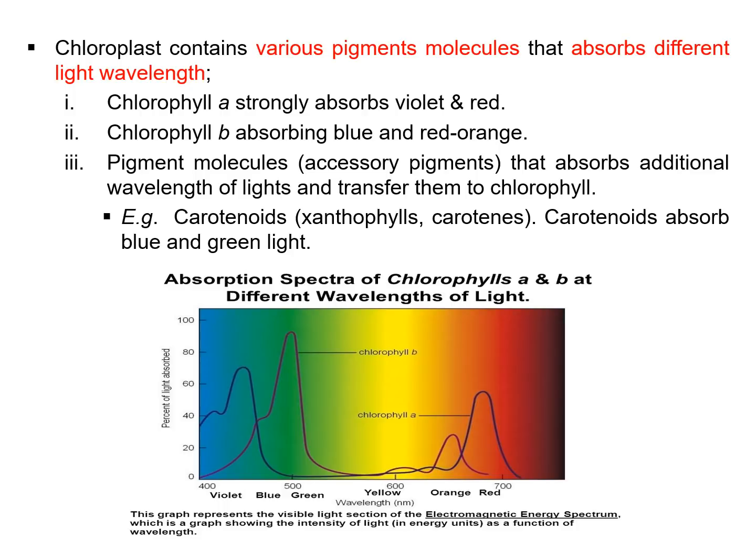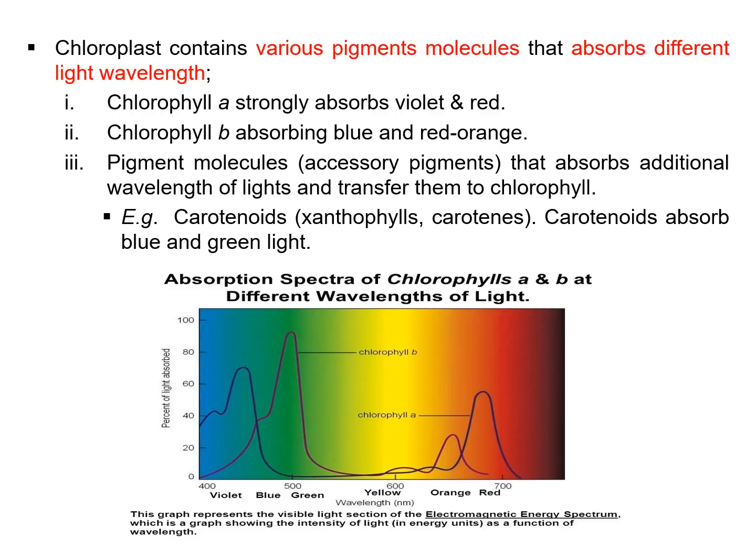So from the diagram showing in this slide, we can see chlorophyll A is specialized in absorbing violet and red light, which translates into the wavelength from 400 as well as 700 nanometer.